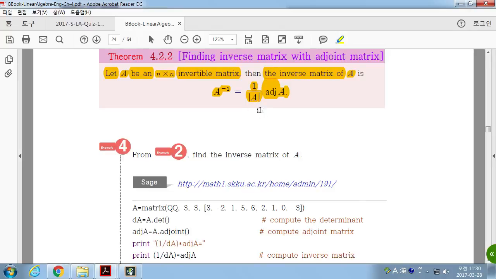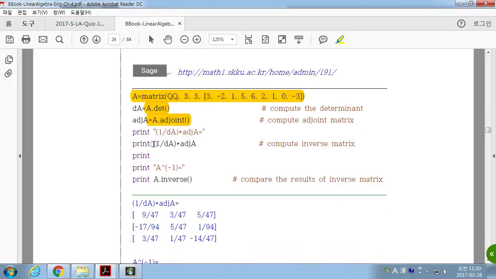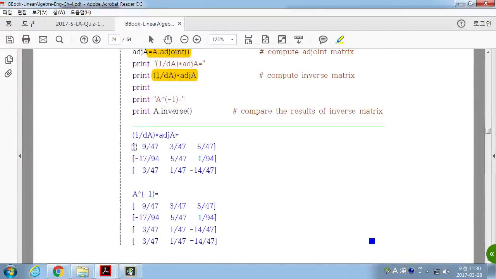We can find the inverse by using the cofactor expansion with the adjugate matrix instead of Gaussian elimination. So for a defined matrix, if we find the adjugate matrix of A and the determinant of A, and then compute 1 over the determinant of A times the adjugate of A, then you have this.